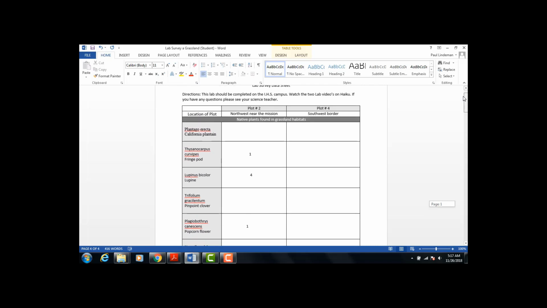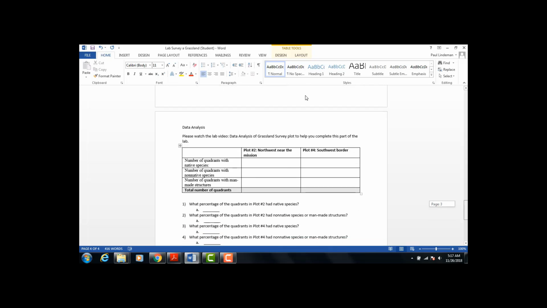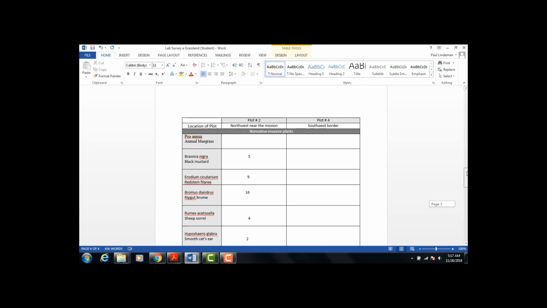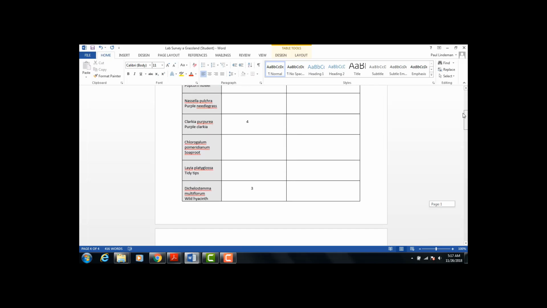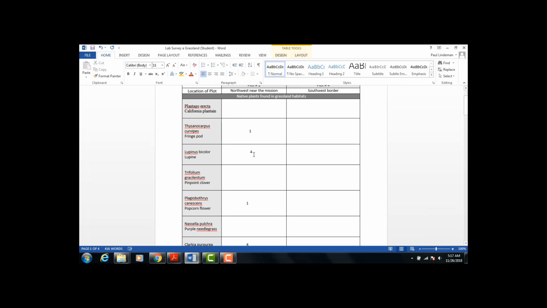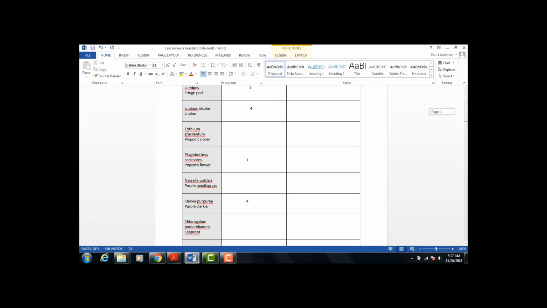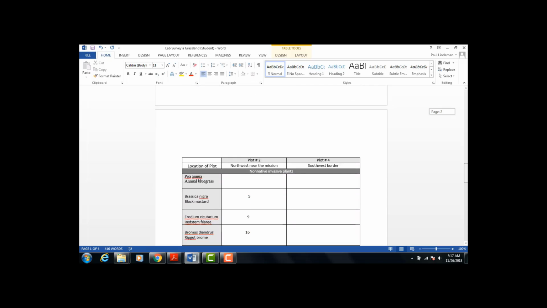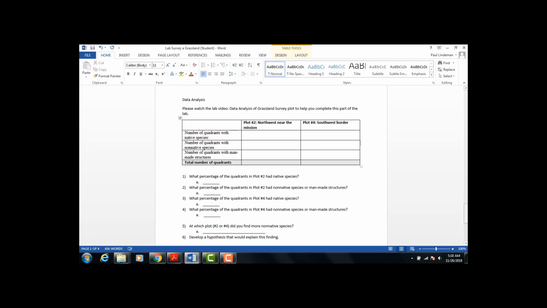So here's our native species, so you would just add the numbers. 1 plus 4 is 5, 6. 6 plus 4 is 10. And you would add them up. And you would put that number right here. And if we do the addition correctly, that number would be 13.